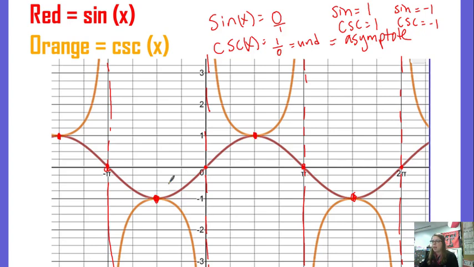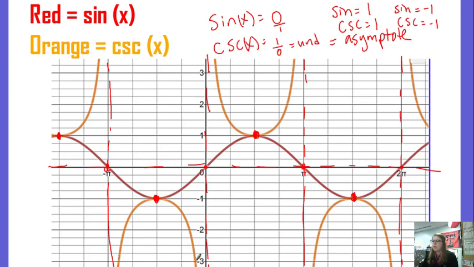So that point is the same on both the cosecant graph and the sine graph. There's also going to be an asymptote here that kind of breaks up those graphs. But that's not as important as the vertical asymptotes here.